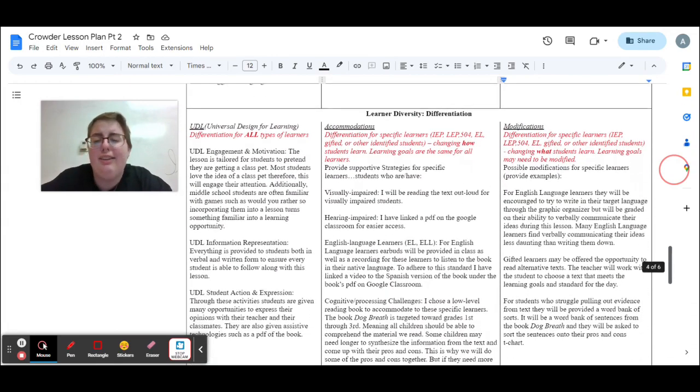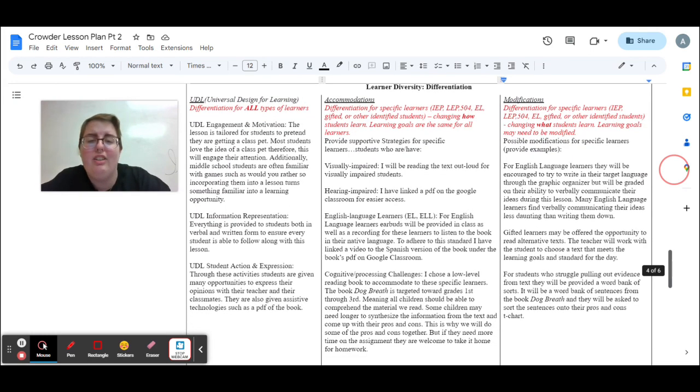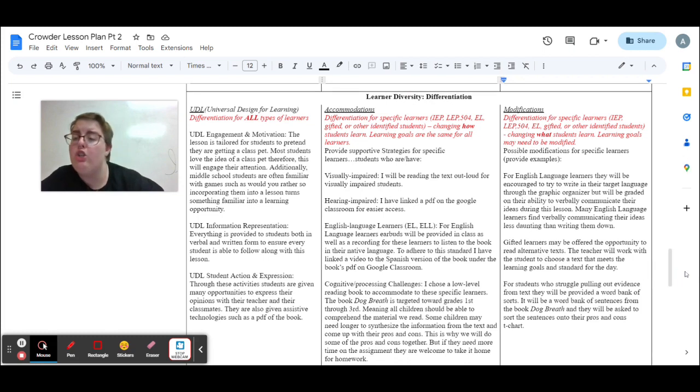And then the next thing we will look at is our learner diversity differentiation. We got our UDL. There are 3 overarching categories to UDL. We have engagement and motivation, information and representation, and then student action and expression.